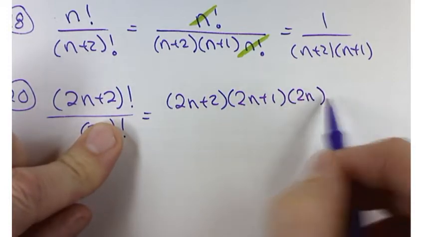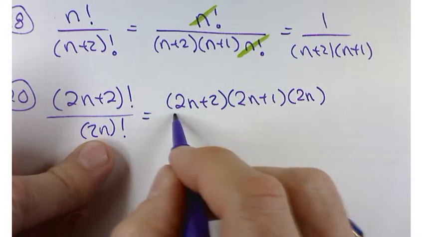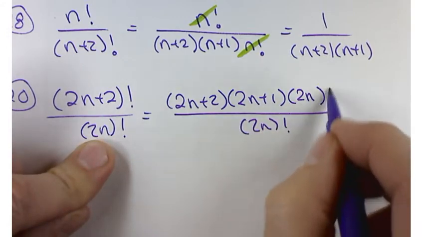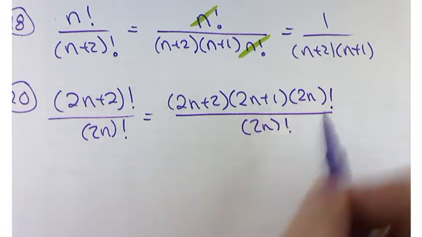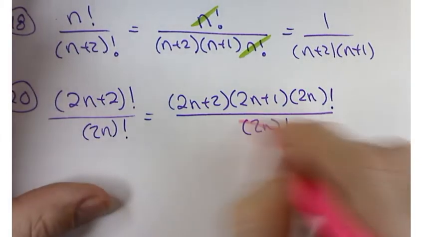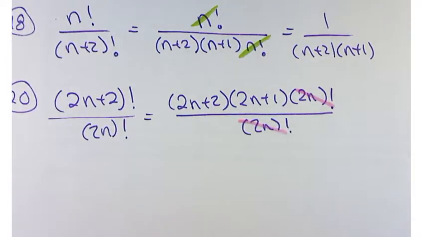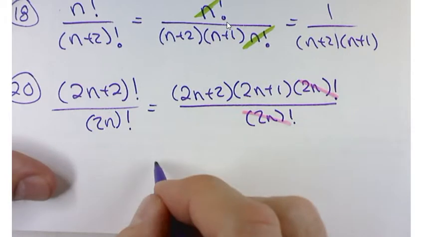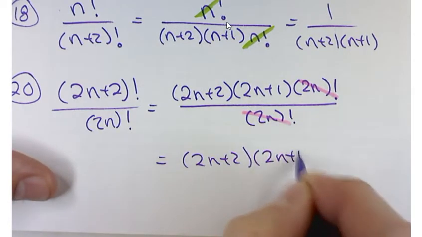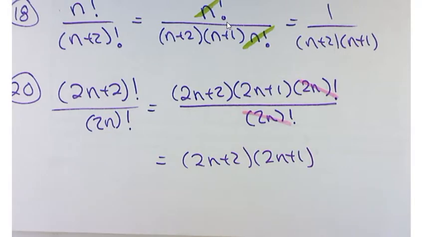And I could keep on subtracting, but I've already got a 2n factorial in the denominator. So I'll stop it there so that I can get some cancellation. And these 2 cancel, so I'm just left with 2n plus 2 times 2n plus 1. And that's it. I'm not sure I'm really interested in you foiling it out or not. Doesn't matter. The important part is you simplified it.